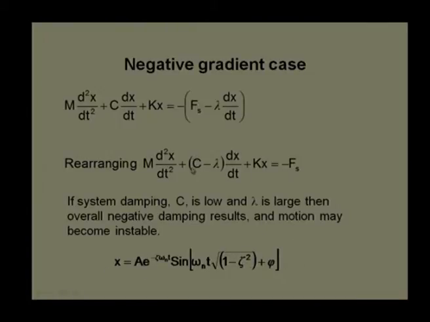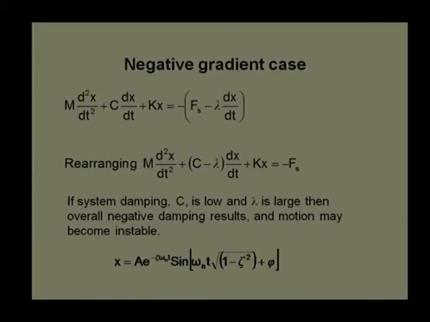Now, this zeta is decided based on C minus lambda divided by 2 square root of m times k. M is not going to change, k is not going to change, C is not going to change. It is only the lambda which decides, and that depends on how the static coefficient of friction is converging to the kinetic coefficient of friction.